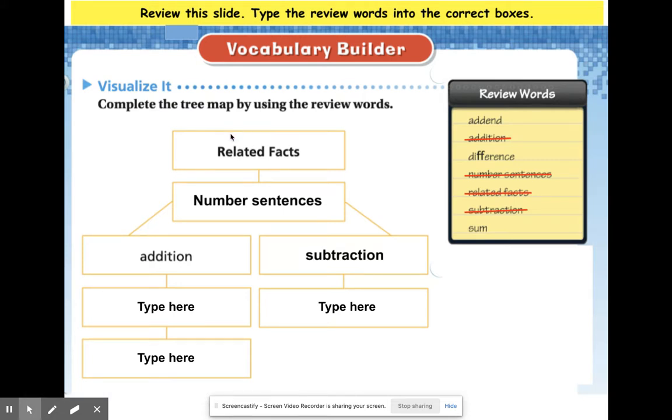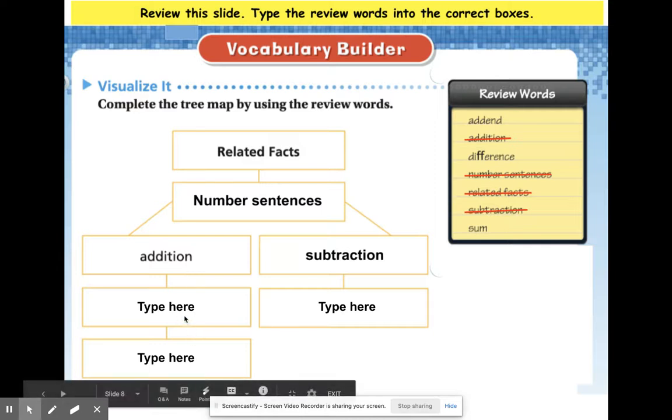So related facts and number sentences are all included in both addition and subtraction. So we have to find related facts in addition, related facts in subtraction, and you can write a number sentence in both. What you're going to do is look at the last 3 words, addend, difference, sum, and you're going to type them where they belong.